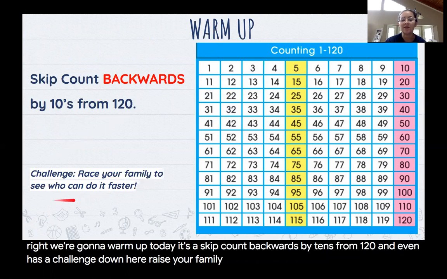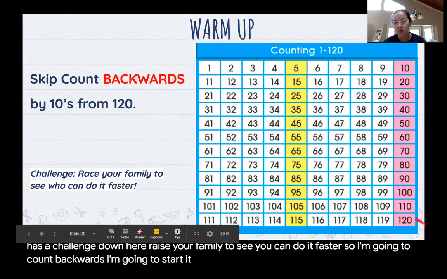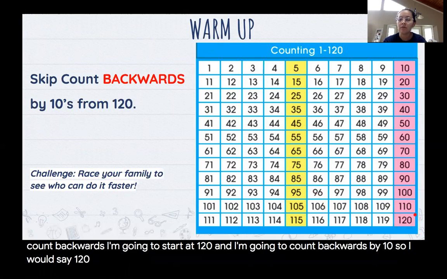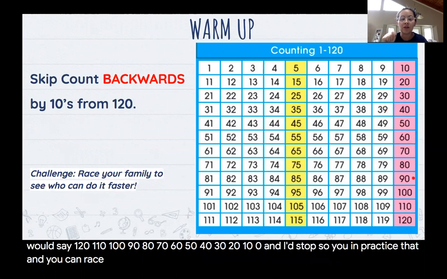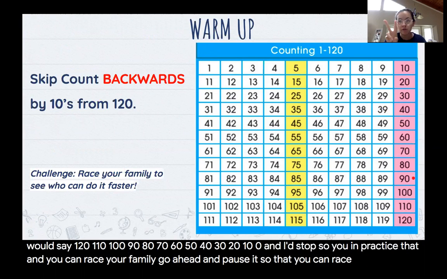Race your family to see if you can do it faster. So if I'm going to count backwards, I'm going to start at 120, and I'm going to count backwards by 10. So I would say 120, 110, 100, 90, 80, 70, 60, 50, 40, 30, 20, 10, 0. And I'd stop. So you can practice that, and you can race your family. Go ahead and pause it so that you can race 2 friends in your family.